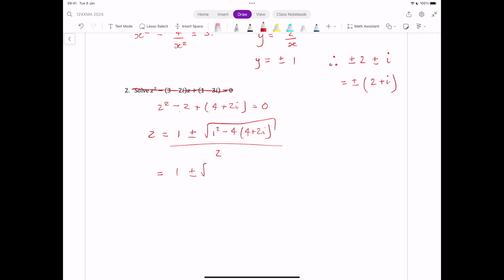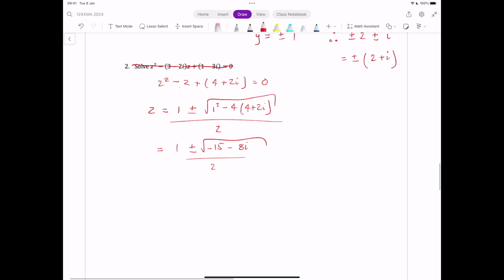We get the square root of minus 15 minus 8i over 2. Now that's not good enough as an answer. We need to take the square root of minus 15 minus 8i, and we're going to use that strategy that we just learnt. So x squared minus y squared equals the real component of minus 15, and 2xy equals the imaginary component of minus 8.